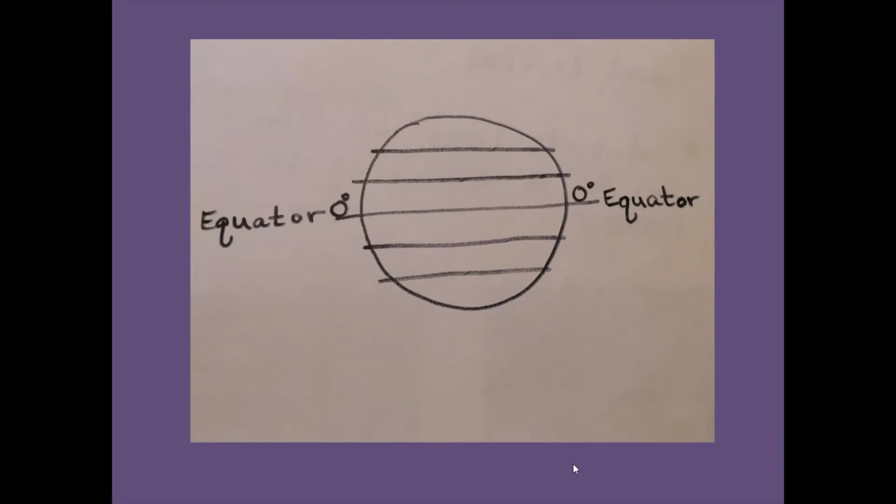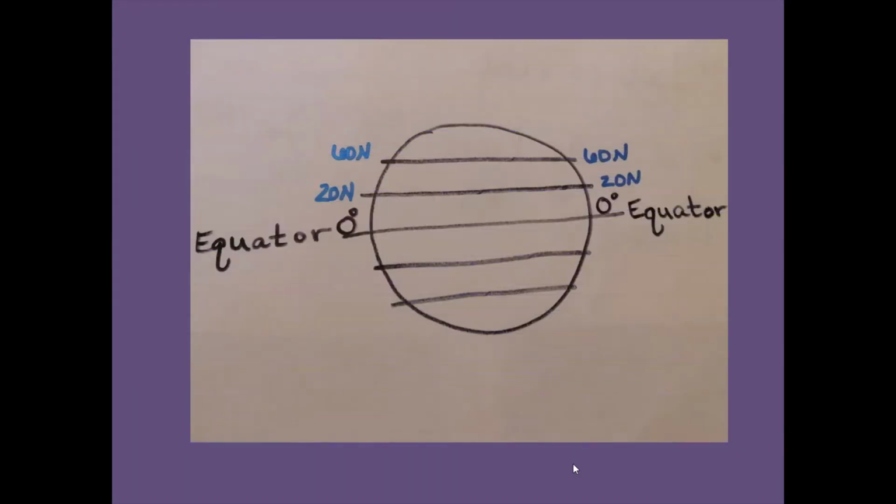Think about what hemisphere is above the equator. Hopefully you came up with the northern hemisphere. So every number that is written by a latitude line that is above the equator will have an N. You can see here that I wrote capitalized N's by those numbers that are above the equator.